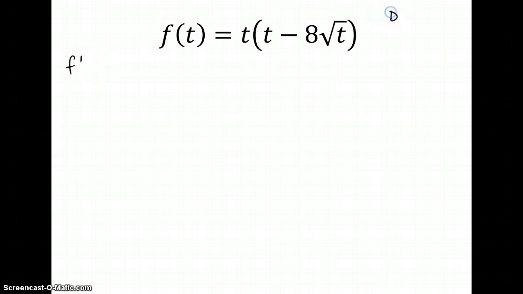Now we talked about this yesterday. The domain of this function is all positive reals. So when we were using test points, we couldn't test a value less than 0 into the derivative anyway.